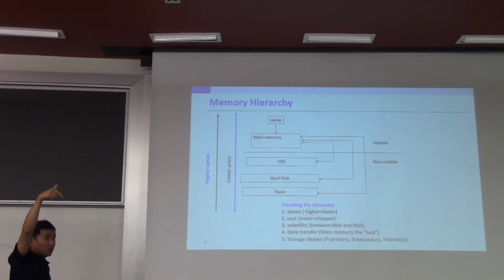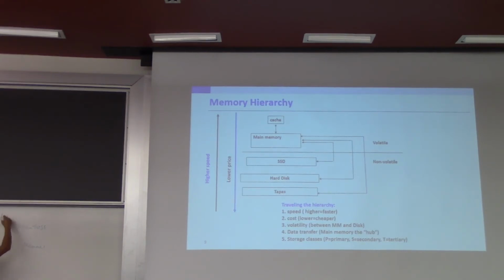If you go the other direction, from top to bottom, you get lower price in terms of dollar per byte. How much you have to pay to store a single byte? If you go from top to bottom, this value goes down. Dollar per byte goes down.